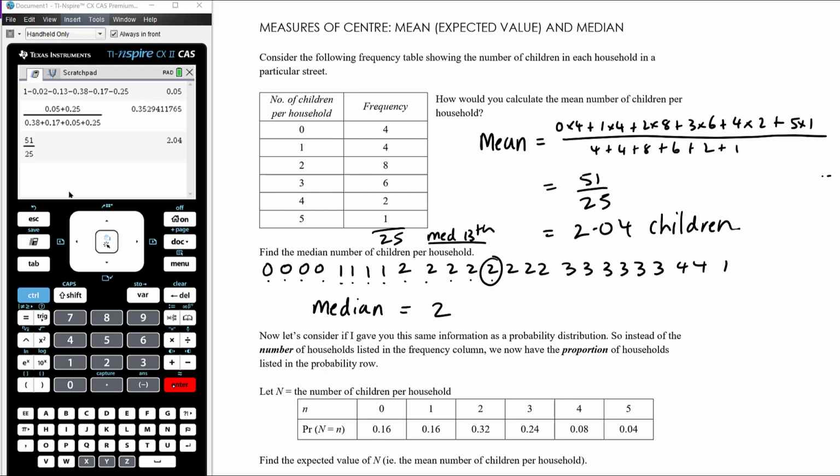Okay, so now let's think about if I gave you this exact same information as a probability distribution rather than as a frequency table. So instead of the number of households, you now get the proportion of households listed in the table. So if 4 out of 25 households have 0 children, well, 4 out of 25 is 0.16, okay?